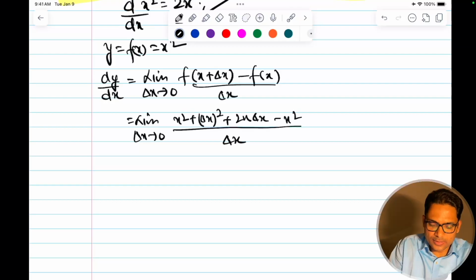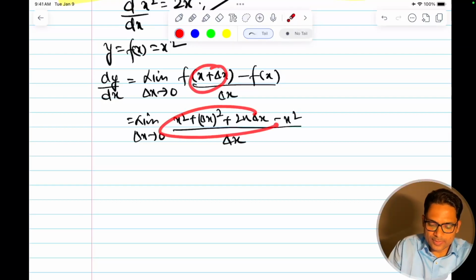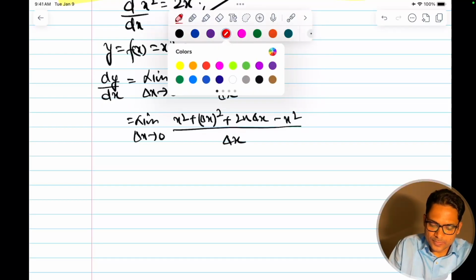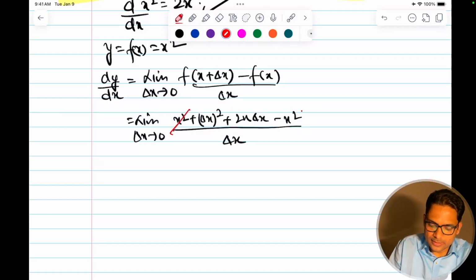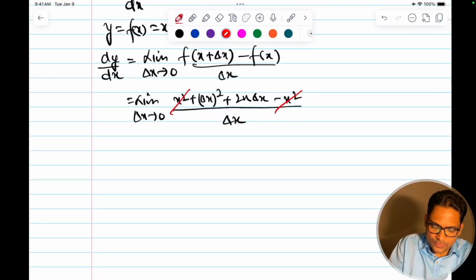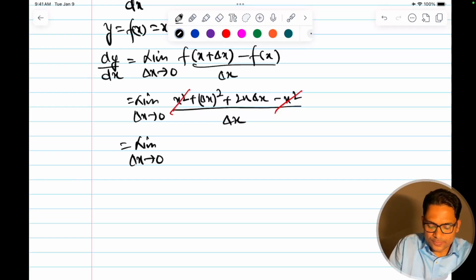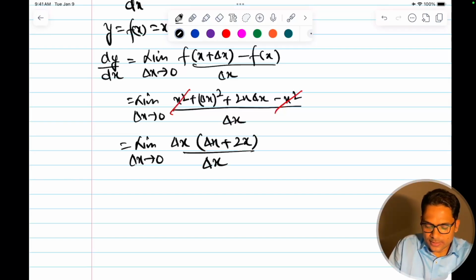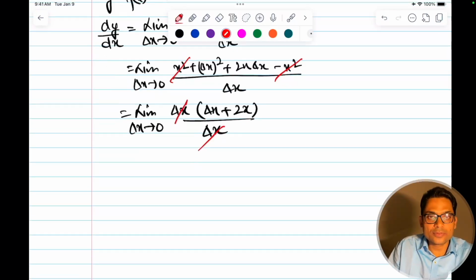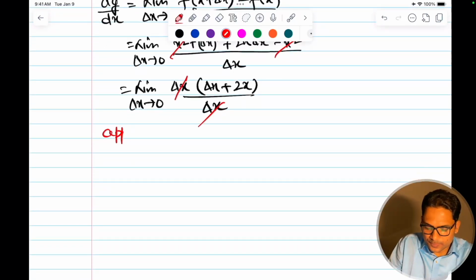This is nothing but a plus b whole square, I've expanded it out. Cancel the x square. So this is equal to limit delta x tends to 0, take delta x common, so this will be delta x times delta x plus 2x by delta x. Again this delta x cancels off, and now apply limits.